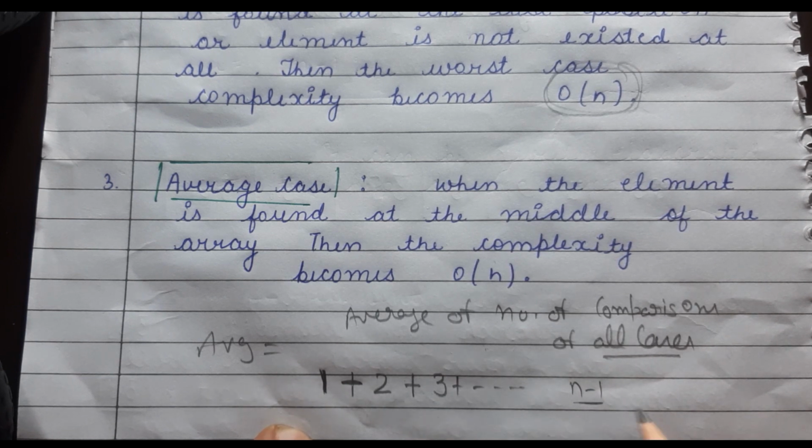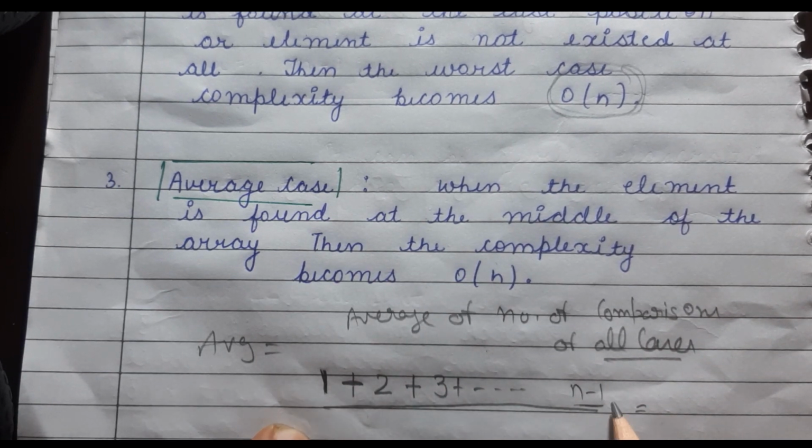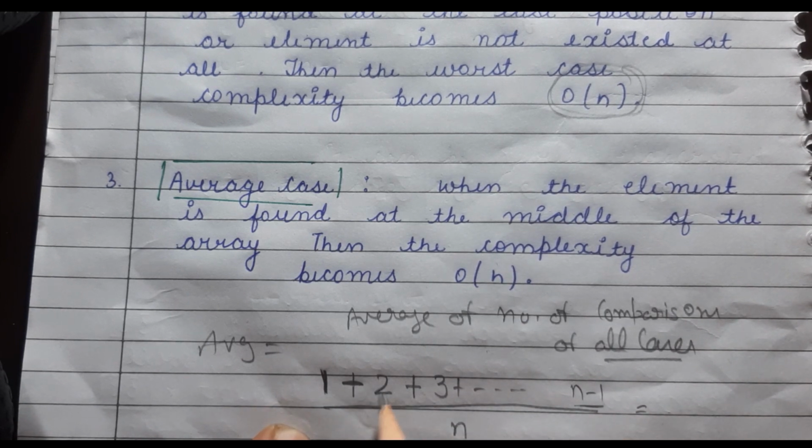How many cases do we have in total? We have n cases. And what is the formula for finding the sum of this series?